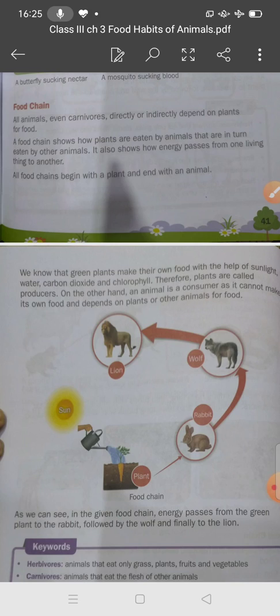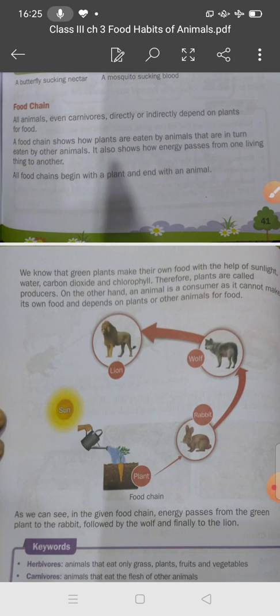So this is a food chain, a simple chain. This food chain also shows the energy passing from one living organism to another organism, and a food chain begins with the plant and ends with the animals.